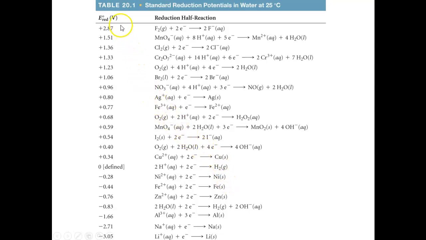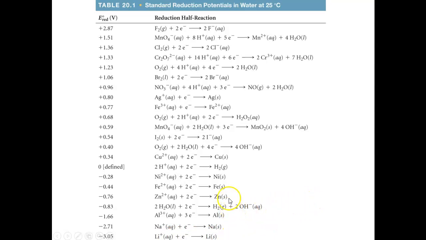So the more positive the standard reduction potential in volts, the easier that reduction is to occur. And so the reduction of fluorine to 2 fluoride ions is the easiest reduction that you could possibly do. On this table, the hardest reduction that you could do would be to take lithium ions and reduce them to lithium metal.